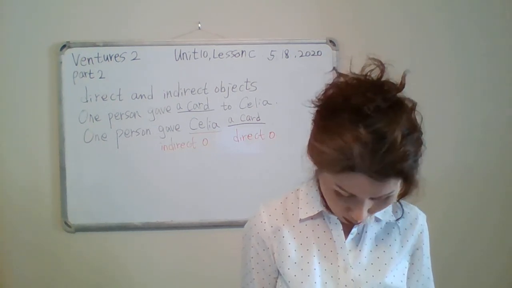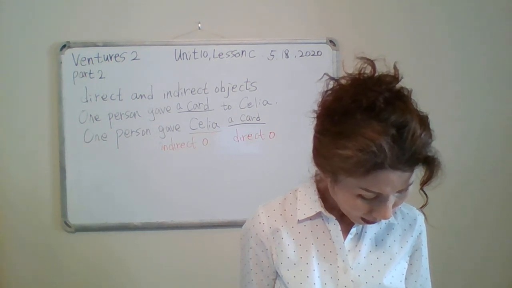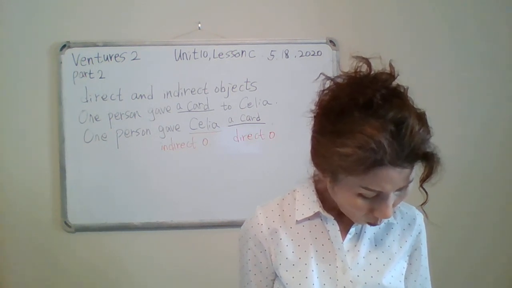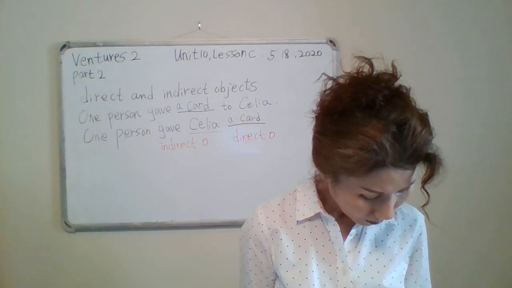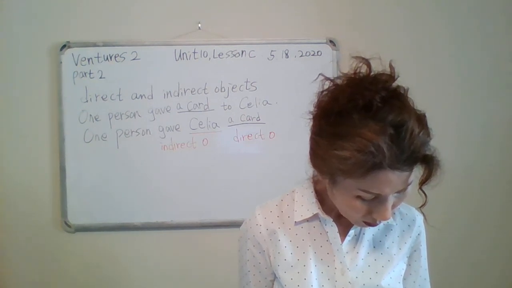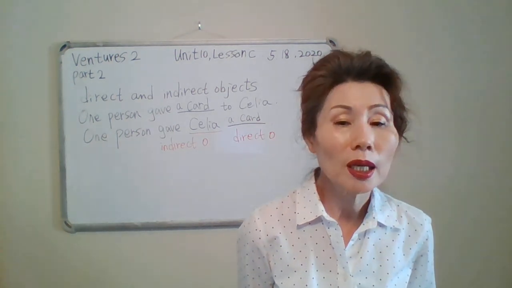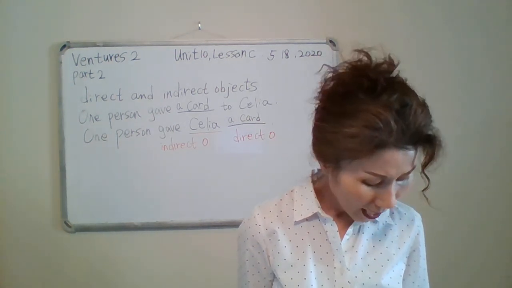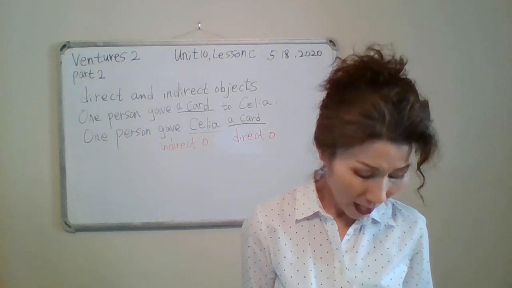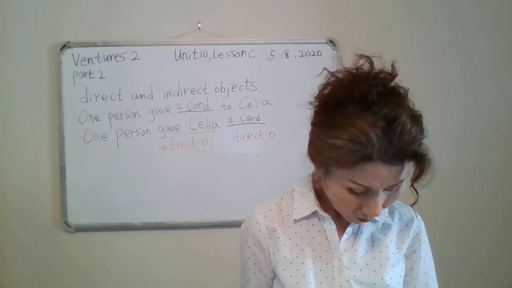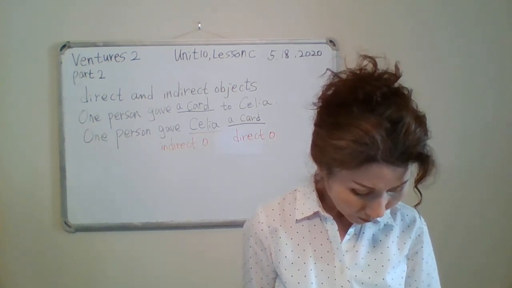Number 4, what did Joe buy Mary and Judy? He bought them a cake. Number 5, what did Joe give Eva?